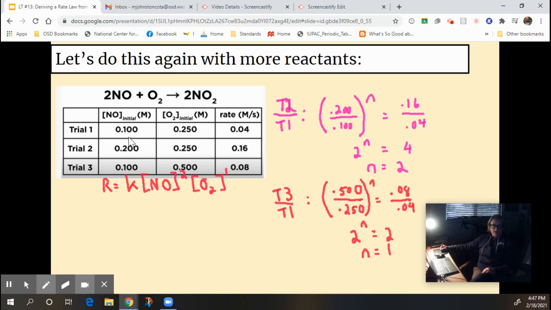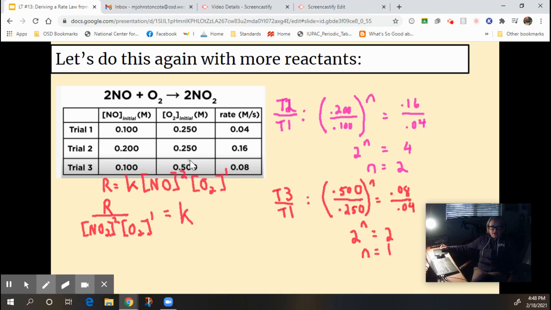To figure out what K is going to be, I'm going to choose any of the trials I want. I don't care which one I use. Sometimes I just do the first trial because it seems to be easier. And I'm going to find here that K is the rate divided by the concentration of NO to the second power, concentration of O2 to the first power, and plugging in those values is going to give me my proportionality constant.